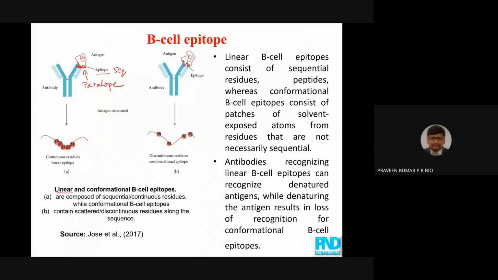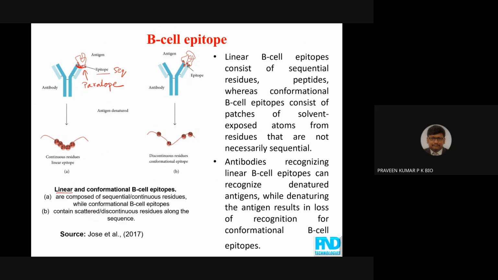Thank you. So if this is a paratopic region of an antibody, similarly, in the second classification of epitope and paratope, a few amino acids are getting inside the surface. If so, we find it is a tighter binding compared to just having a sequence. Because we have a sequence of continuous residues, we call this a continuous residue linear epitope.